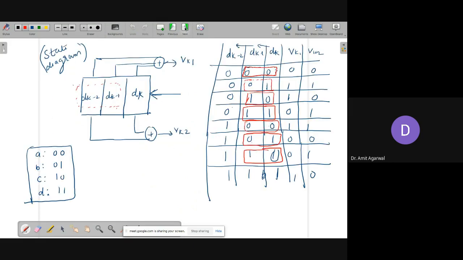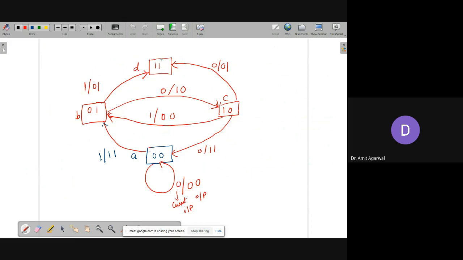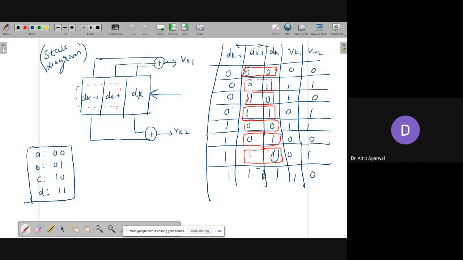Sorry, we have already done this, excuse me for that. This row is like this. And you are in 11, 1 comes, the state will be 11 only, but the output will be 10.